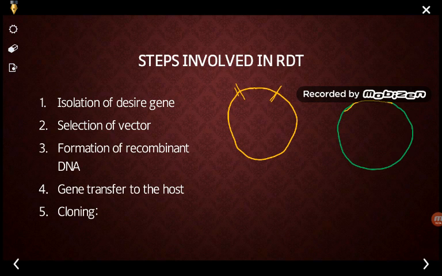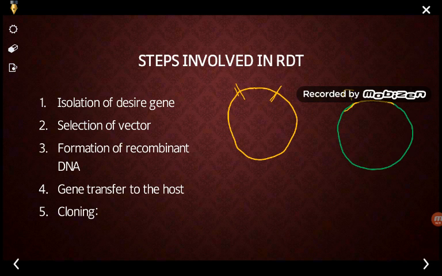Now we got the particular vector with the interested gene. The interested gene in the vector DNA is made to fuse with the help of ligase. हमें चिपकाने के लिए कुछ तो चाहिए होगा ना.